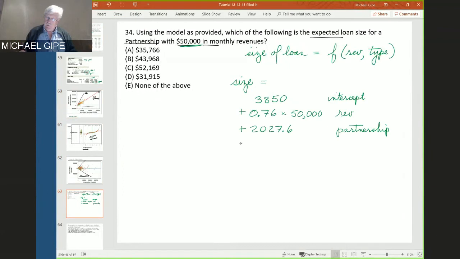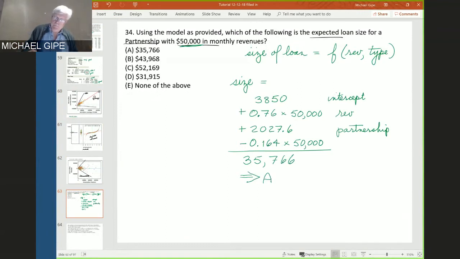And then we will subtract off the coefficient for the interaction term of minus 0.164 times the monthly revenues. And add all this stuff up, we get a value of 35,766, and that happens to correspond to answer A. Again, just need to calculate the right answer.